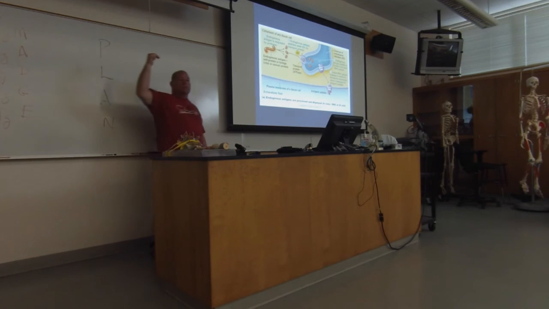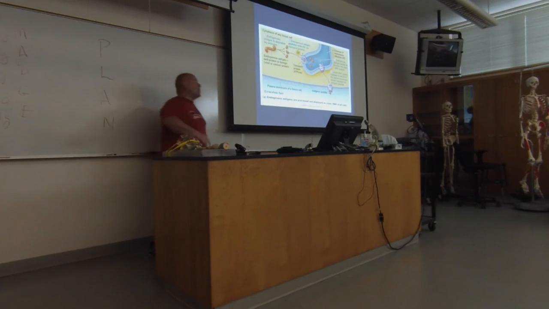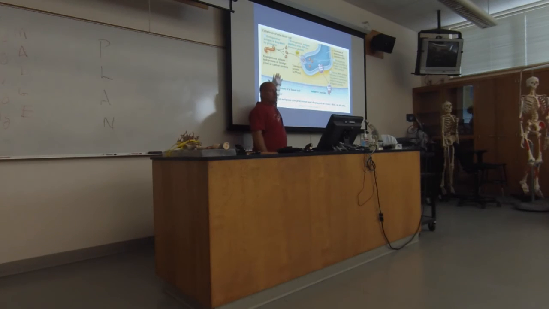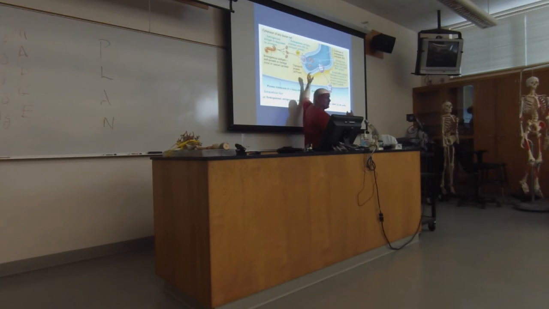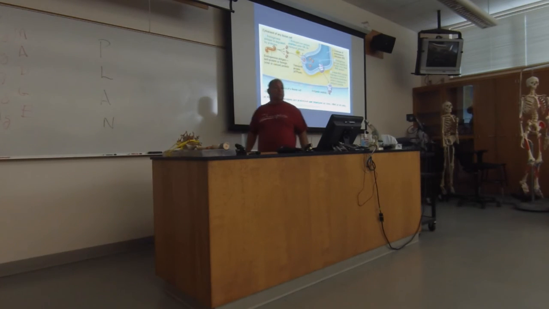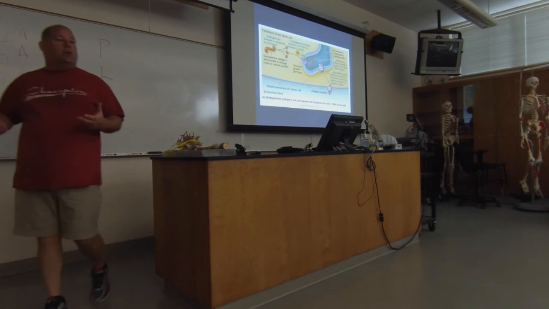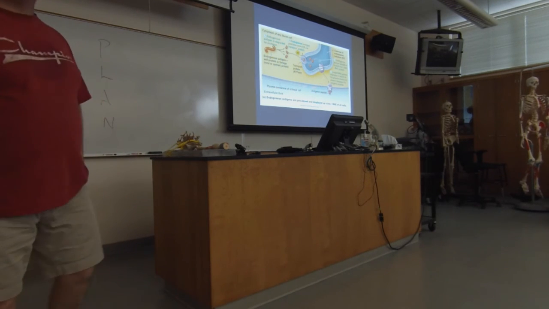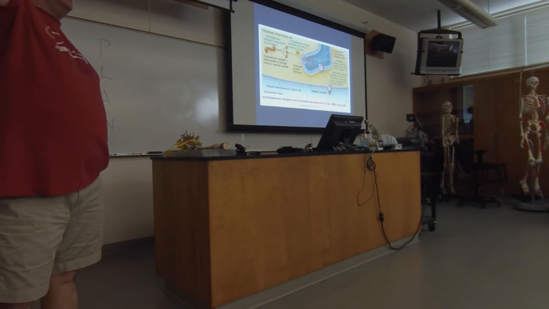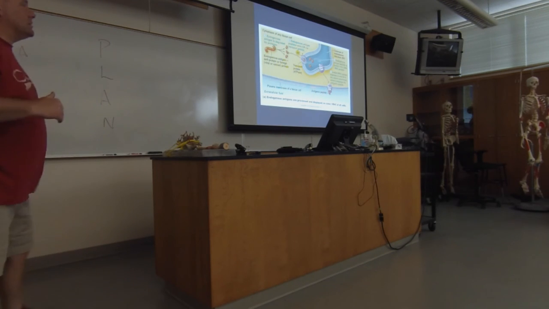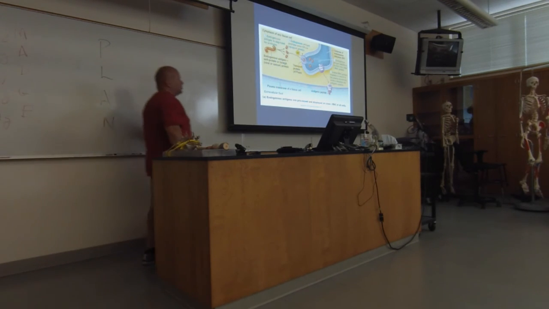Do not kill us. Now, if this cell was infected by a virus or an abnormal protein, like a cancer protein, we'd still take a piece of it, stick it on the MHC class 1, put it on the membrane, and it's going to say not self, which is going to be translated that either a natural killer cell or a cytotoxic T cell is going to come by and destroy this cell.